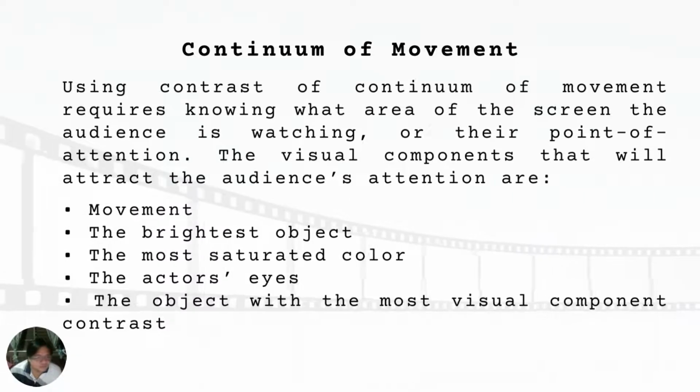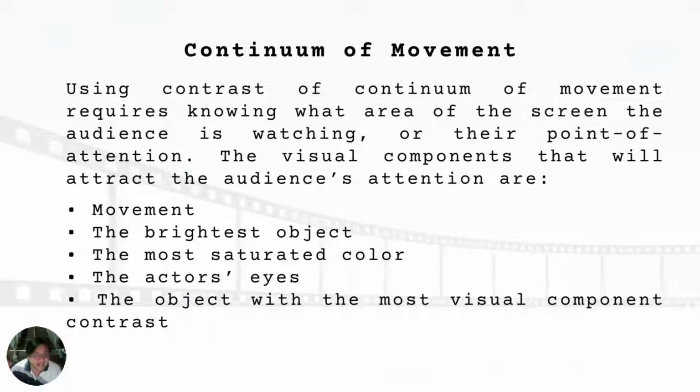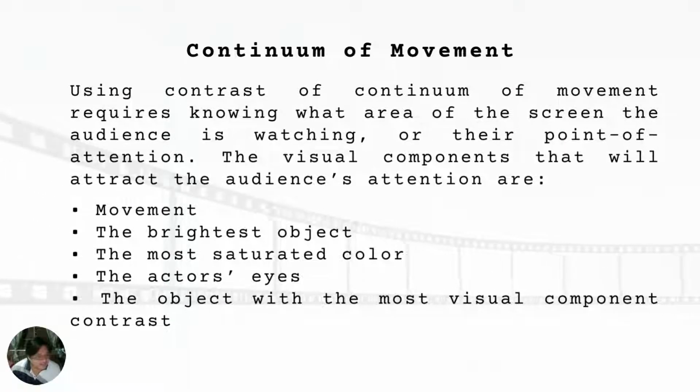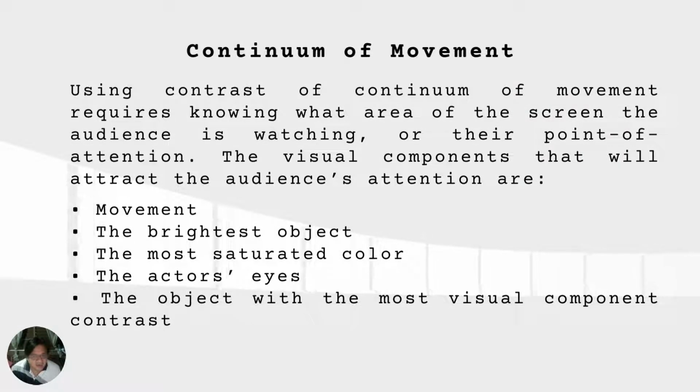Now, using contrast of continuum of movement requires knowing the area of the screen the audience is watching, their point of attention. Okay, the visual components that will attract the audience's attention, again, just to reiterate, is, of course, again, movement, brightness of an object. Next, you can also put in the most saturated color, the actor's eye, or the object with the most visual contrast.